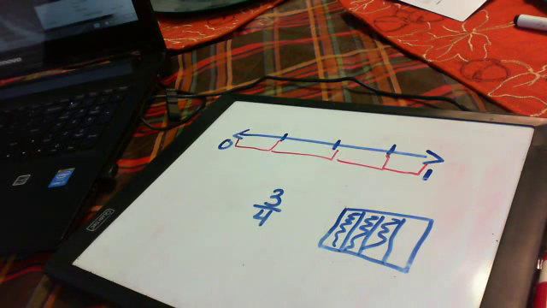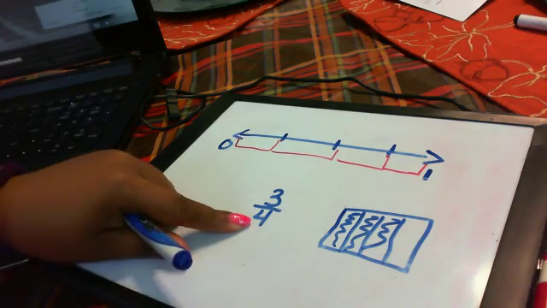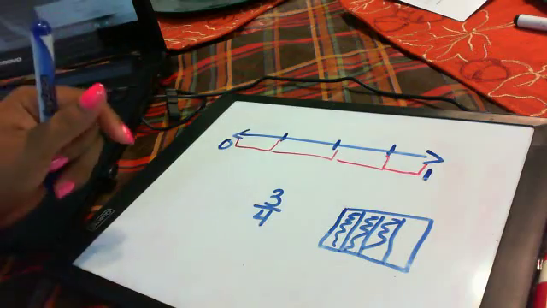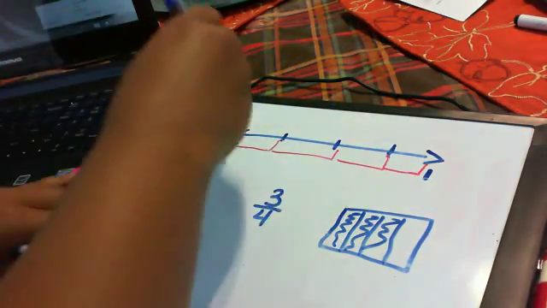So, similar to our boxes, even though this is a 4 in our denominator, we only draw 3 lines. Because our fourth line is our outside wall, and so same thing on our number line.